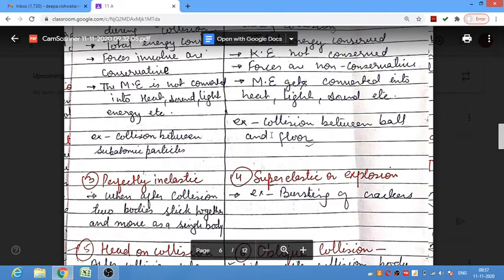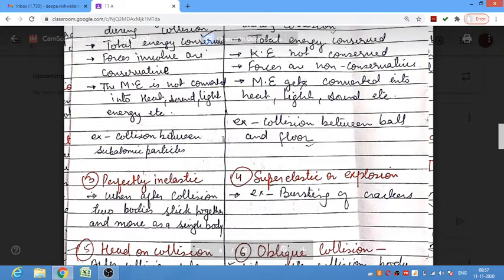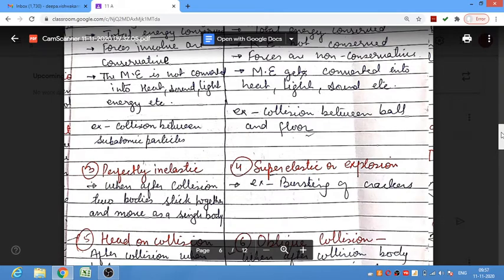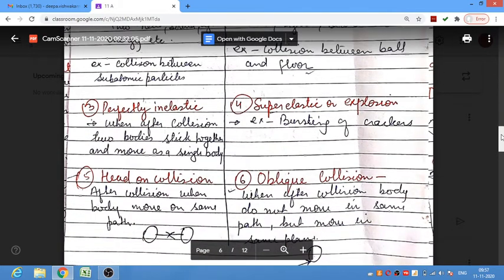An example of elastic is collision between subatomic particles, and in the case of the inelastic, collision between wall and floor. You can also find lots of examples in daily life.